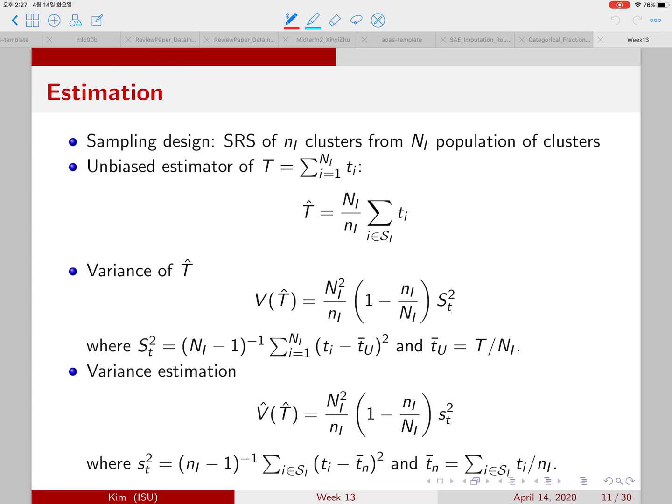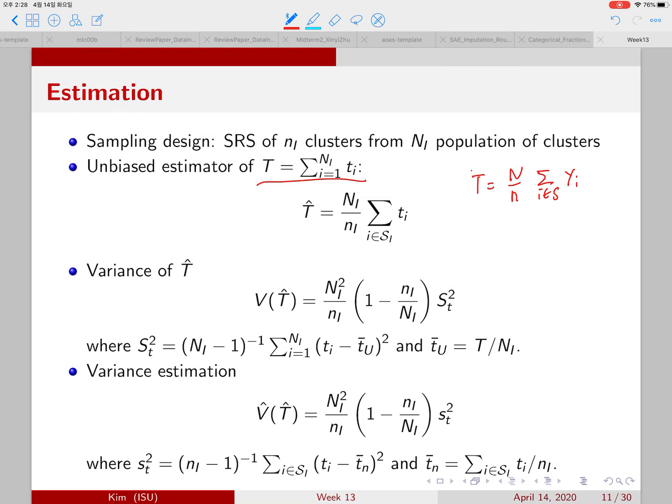In single-stage cluster sampling, t_i is observed for each sampled cluster i. Since this is a simple random sampling of n clusters from the N population of clusters, finding the unbiased estimator of the total t is not difficult. Remember the formula for simple random sampling? That is for element sampling.